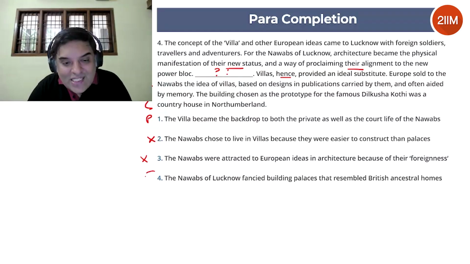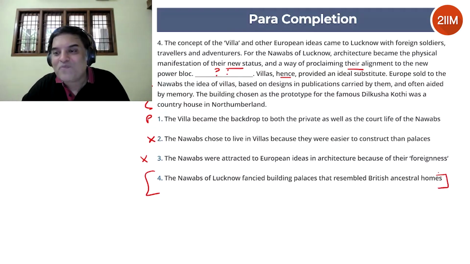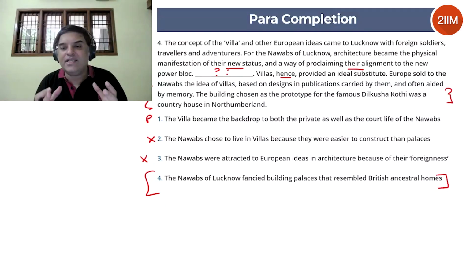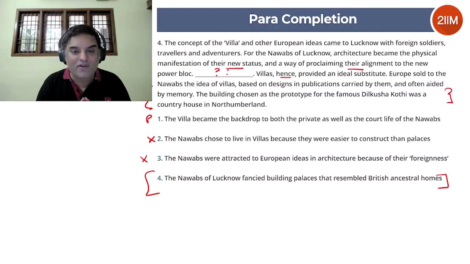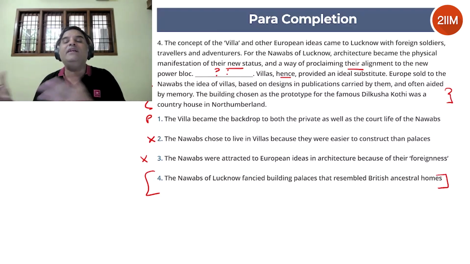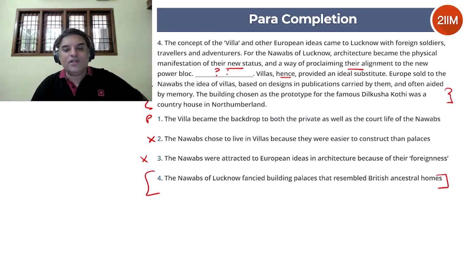So this sentence is very closely connected to that, isn't it? Okay, and of course, we'll have to fit it and see. So let's read that. So, as a way of proclaiming their alignment to the new power block, the Nawabs of Lucknow fancied building palaces that resembled British ancestral homes. Villas hence provided an ideal substitute. That sounds logical. The flow is good.